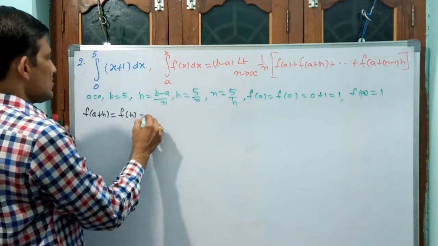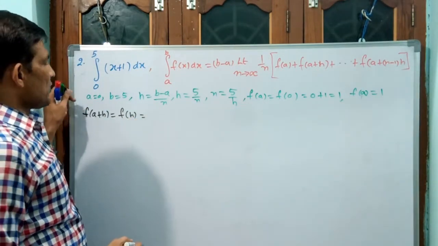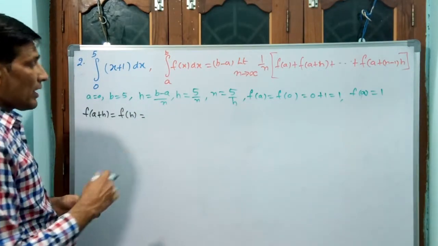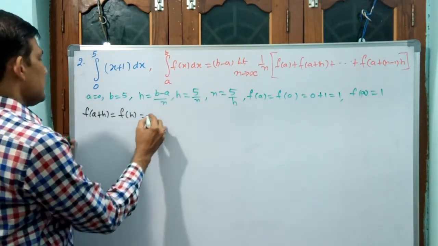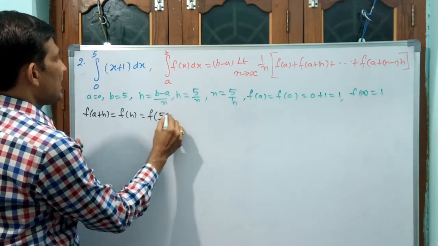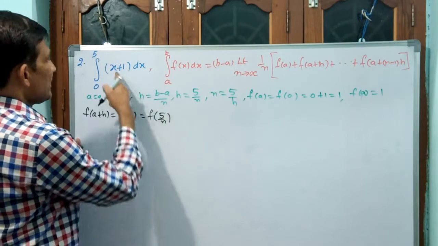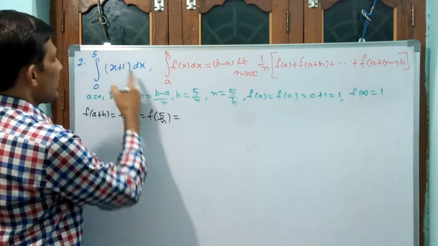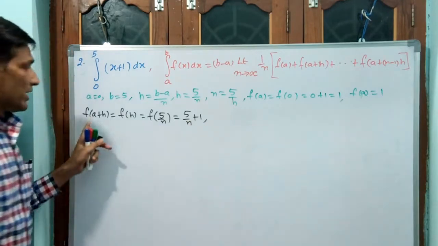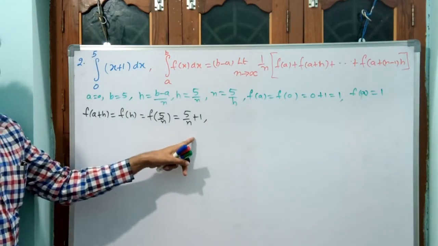F of h means in place of x you have to keep h. But h is 5 by n, so f of 5 by n is equal to 5 by n plus 1. So f of a plus h value is 5 by n plus 1.